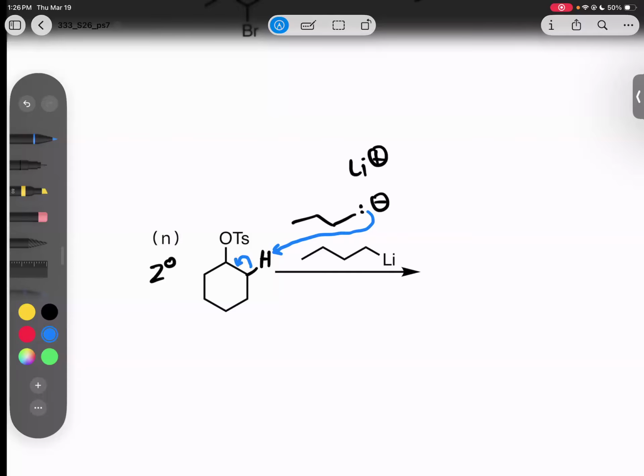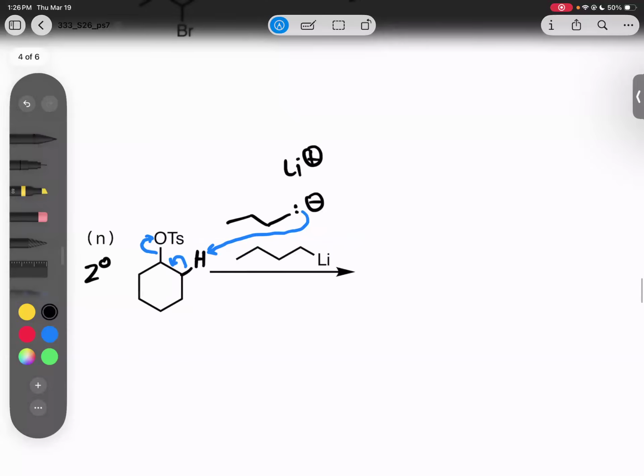We form a pi bond, and we have loss of the leaving group. So there's our double bond.